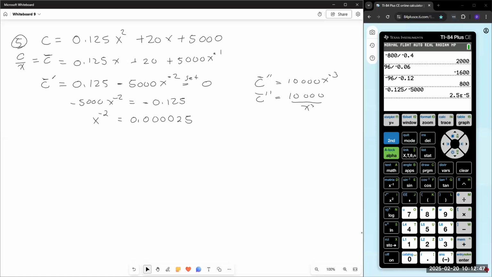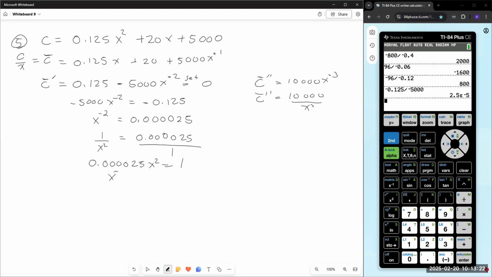All right, so that means that if I take the reciprocal of this, let's do it this way. 1 over x squared is equal to 0.0000025 over 1. So cross multiply, 0.0000025 x squared is equal to 1.